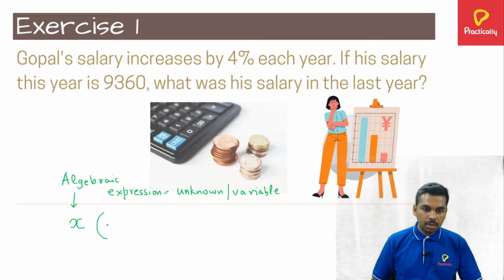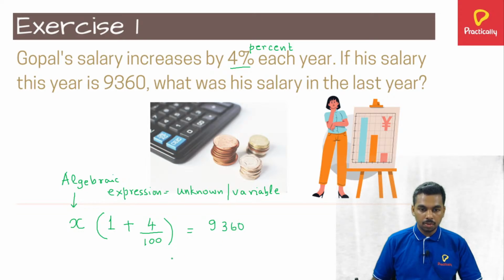So with a 4% increase, the new salary is the original salary times 1 plus 4 divided by 100. Percent, cent meaning 100, so 4% means 4 parts of 100. So Gopal's salary increased by 4 parts of 100 and his current salary is 9360. This is the algebraic expression that we get to solve the problem.